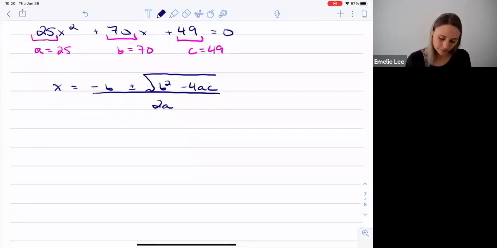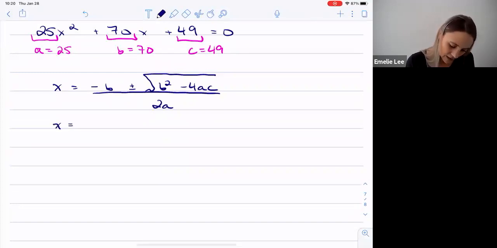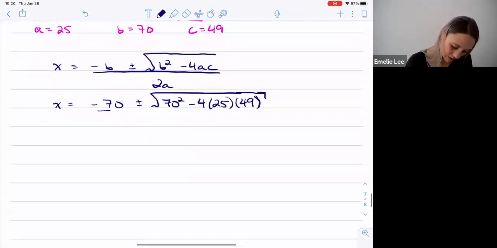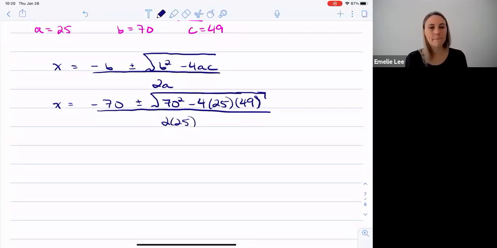Okay. So I get x is negative 70 plus minus the square root of 70 squared minus 4 times 25 times 49, all over 2 times 25.